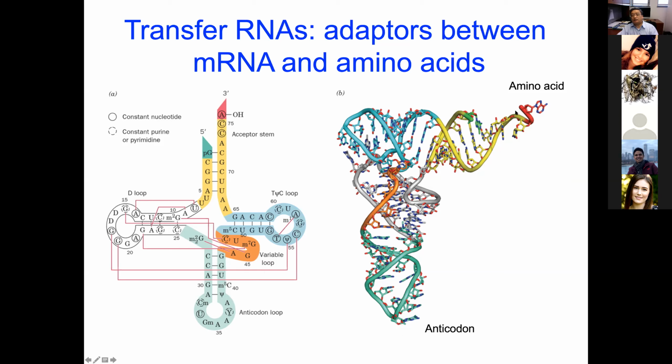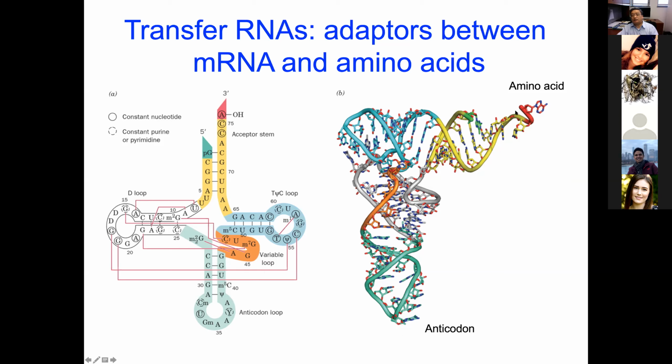In the next step of translation, the correctly coupled aminoacyl-tRNA must base pair with the correct codon on the messenger RNA on the ribosome. Then the ribosome catalyzes the formation of the peptide bond, and translates the information on the messenger RNA into a polypeptide chain.